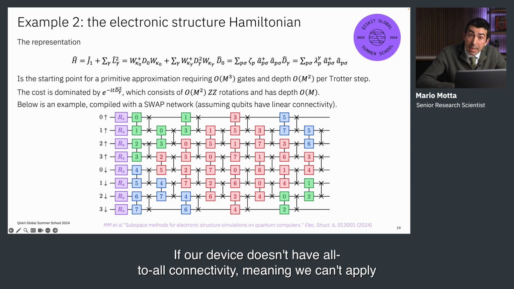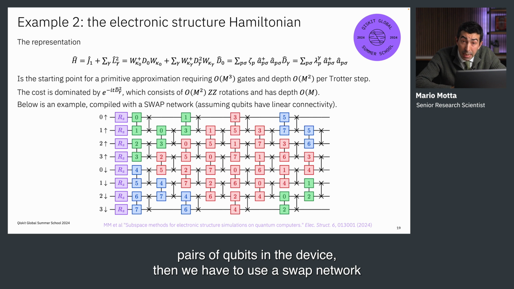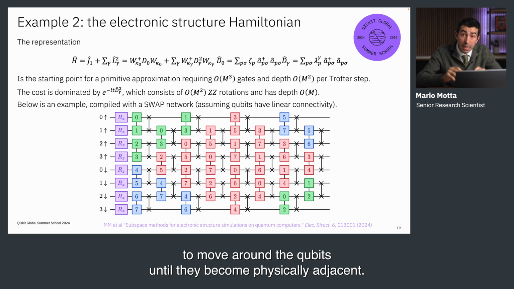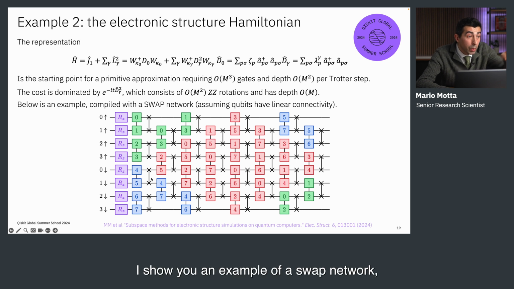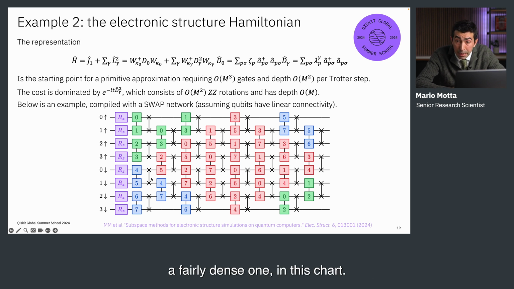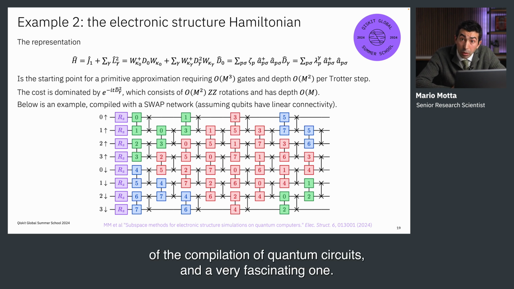If our device doesn't have all-to-all connectivity, meaning we can't physically apply a 2-qubit gate among all possible pairs of qubits in the device, then we have to use a swap network to move around the qubits until they become physically adjacent. Then we can apply a z rotation and then we can separate them back. I show you an example of a swap network, a fairly dense one, in this chart. The development of swap networks is a very important aspect of the compilation of quantum circuits and a very fascinating one.